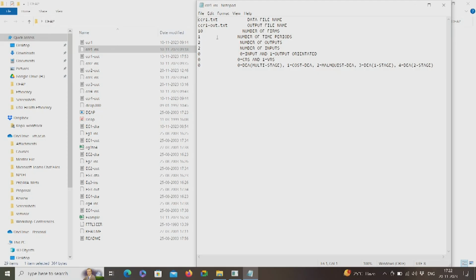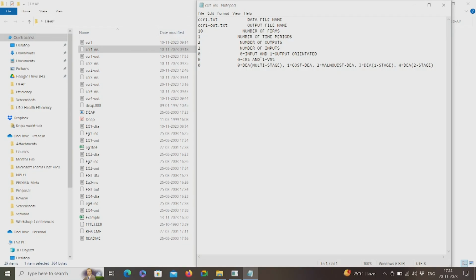Another important instruction is that we need to specify the number of firms. In our case, there are 10 firms. The number of time periods is one, since we are explaining only the cross sectional case. The number of outputs is 2 and the number of inputs is 2.